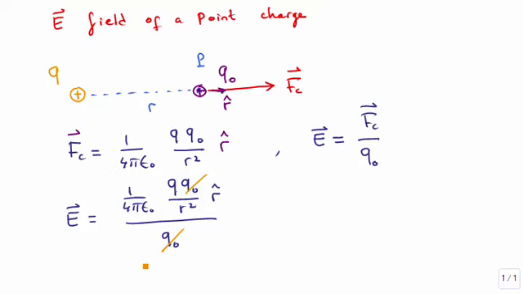Q0s in the numerator and denominator will cancel, leaving us the electric field of a point charge is equal to 1 over 4 pi epsilon 0 charge divided by the square of the distance to the point of interest.